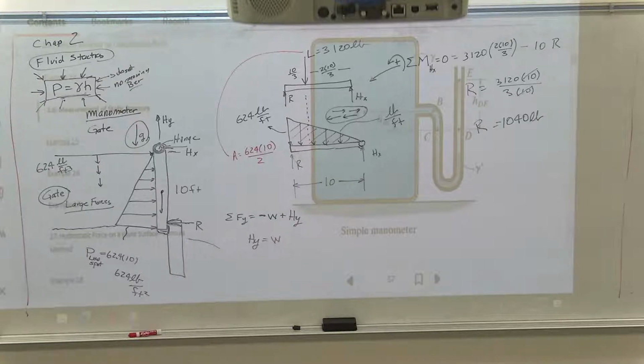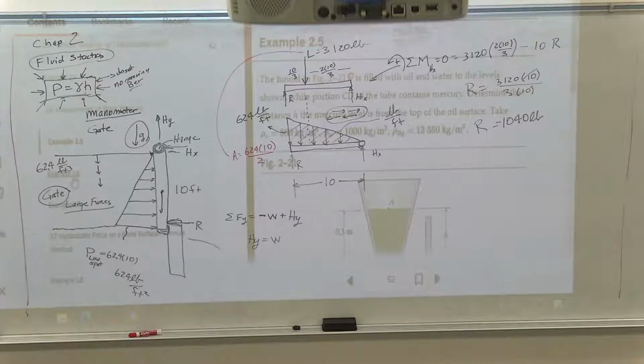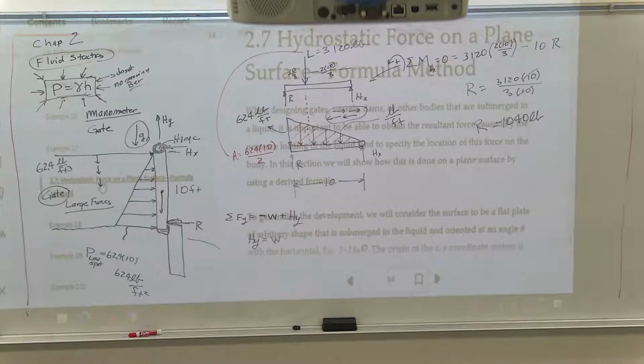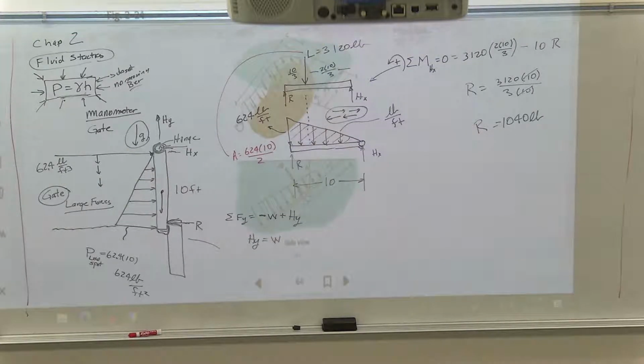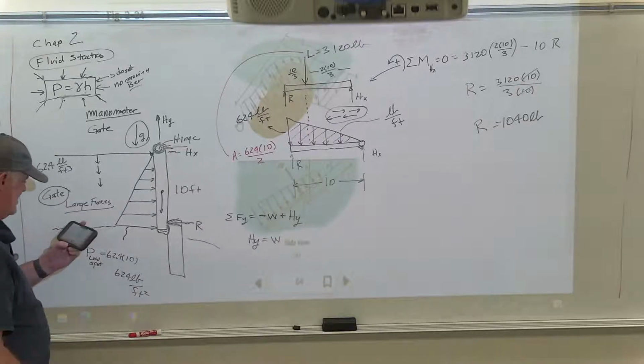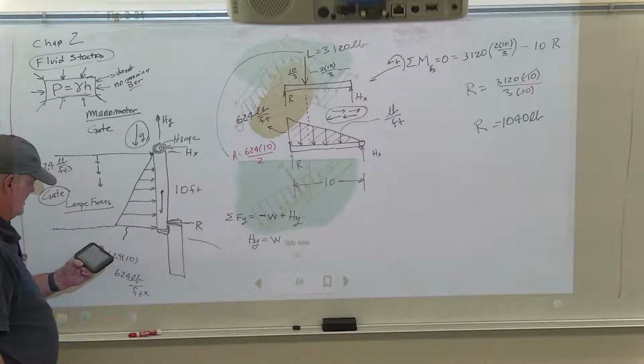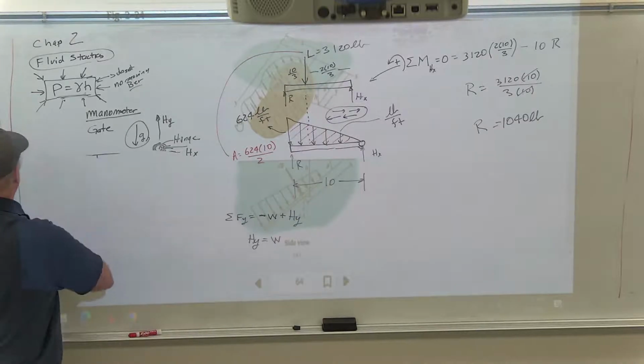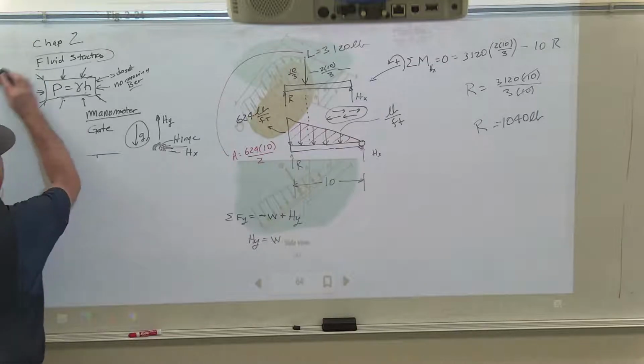Let's see, what's his example 2.5? Okay, so here's what I'll do. Since he has this part first, I'll do this part first, and then we'll pick up the rest.